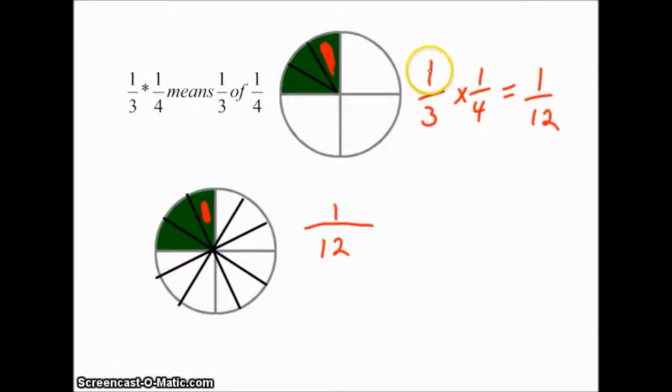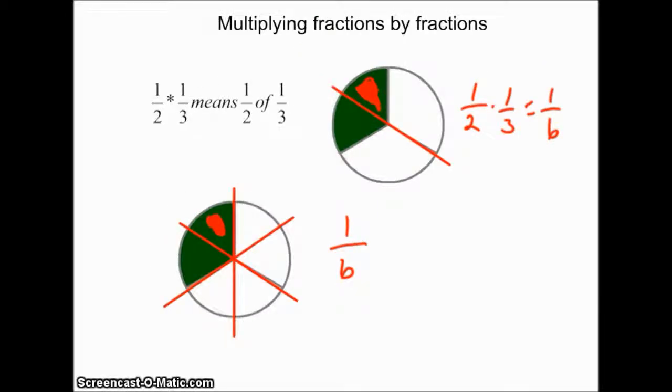If we multiply the numerators, 1 times 1 is 1, 3 times 4 is 12 for the denominator. If we multiply the numerators, 1 times 1 is 1, 2 times 3 is 6 for the denominators.